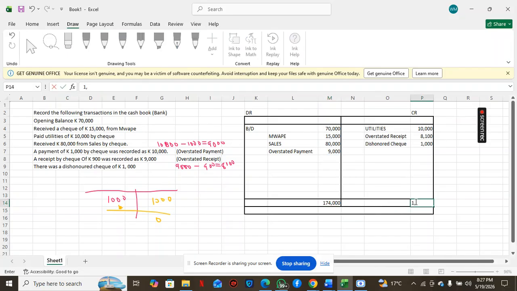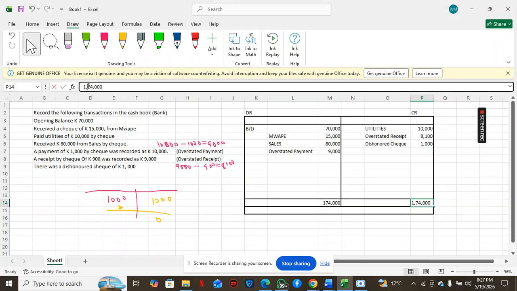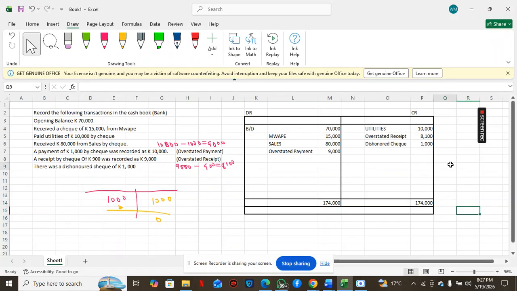You put the total amount there. Then on the credit side, 10,000 plus 8,100 plus 1,000, you get 19,100.